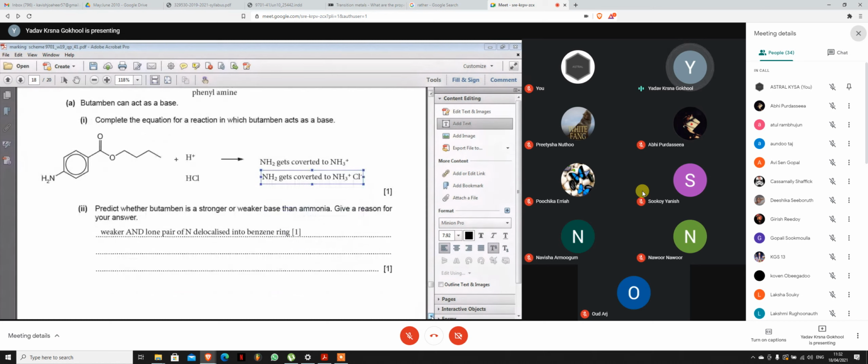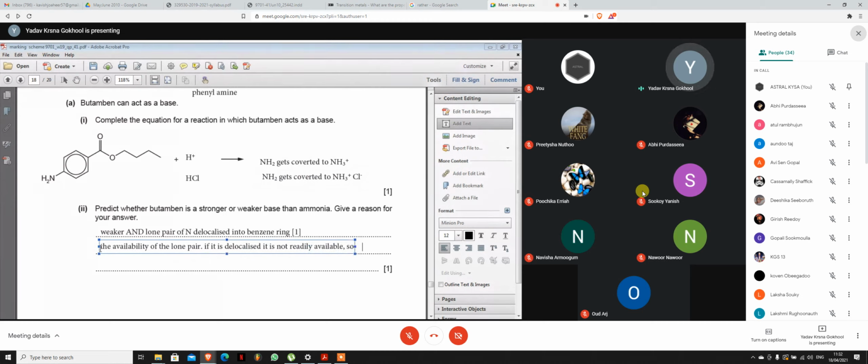Now, a question on stronger or weaker base: what you have to look at is the availability of the lone pair. If it is delocalized, it is not readily available.